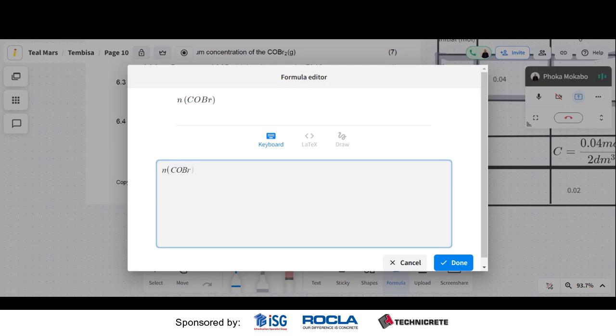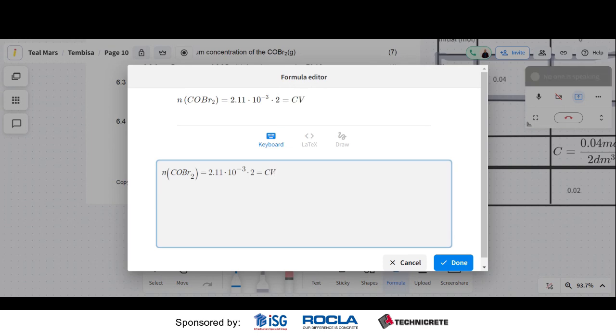The number of moles of COBr2 we know is equal to 2.11 times 10 to the negative 3, now multiplied by 2, which is the volume, right?